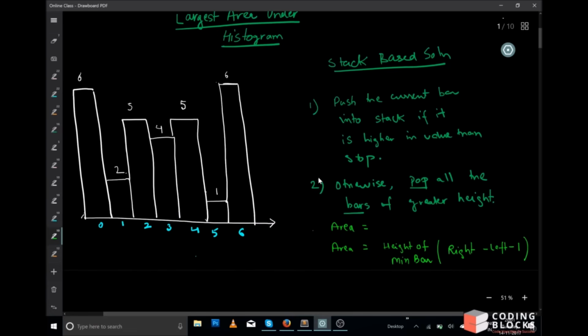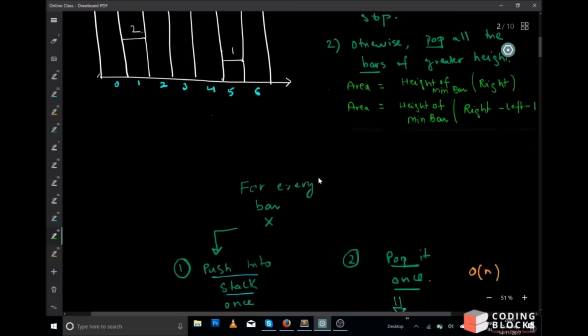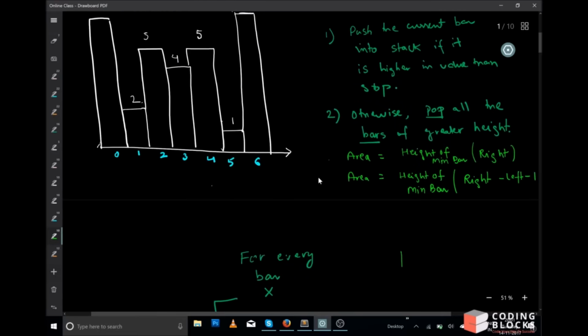The second formula is going to be height of the minimum bar, if the stack is empty, right? Height of the minimum bar into the rightmost index if the stack is empty. Suppose you have something like this, or maybe you have something like this, only you have only one bar left, right?